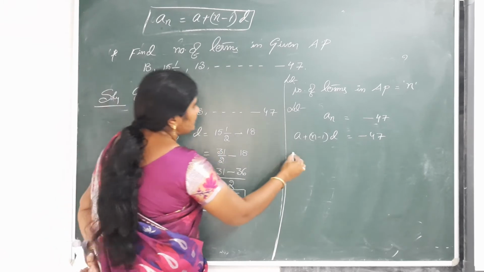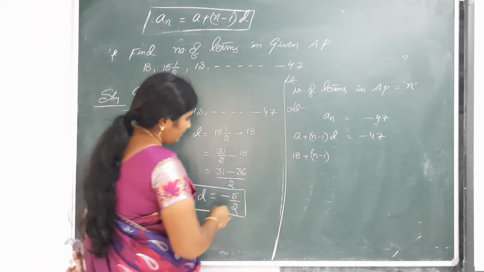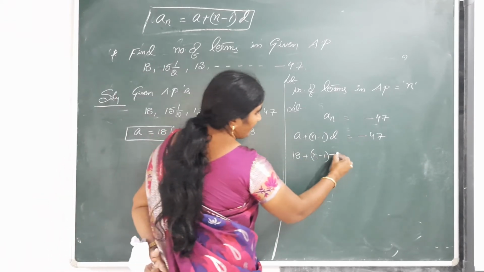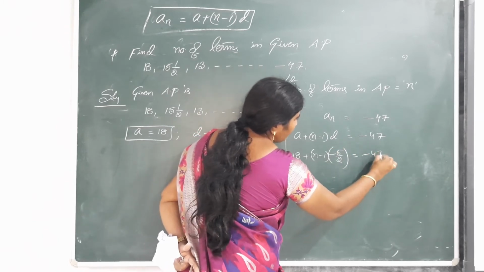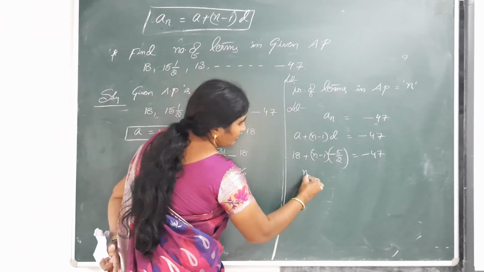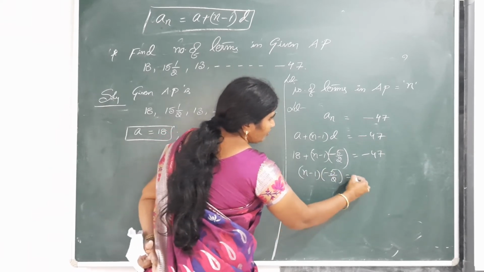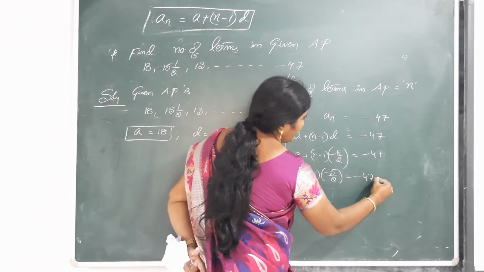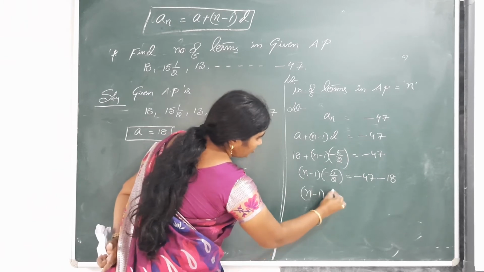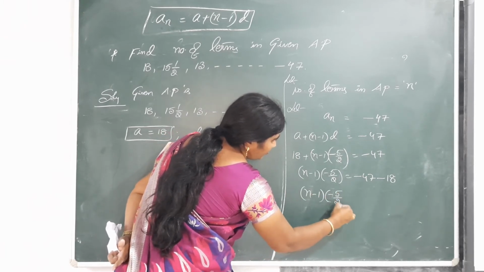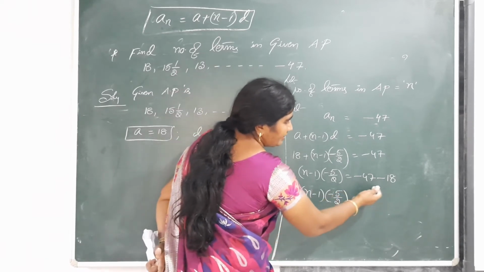Here a value is 18, plus n minus 1 into d, where d is minus 5 by 2, equals minus 47. So n minus 1 into minus 5 by 2 equals minus 47 minus 18.